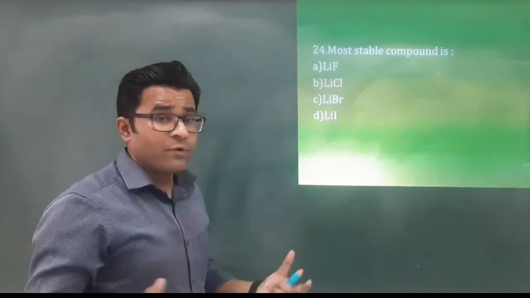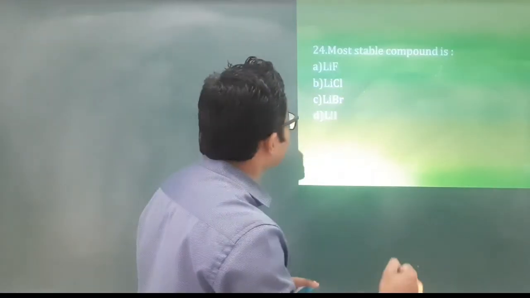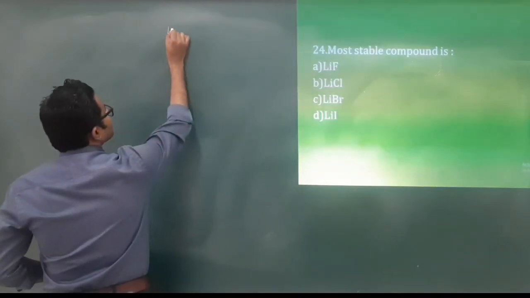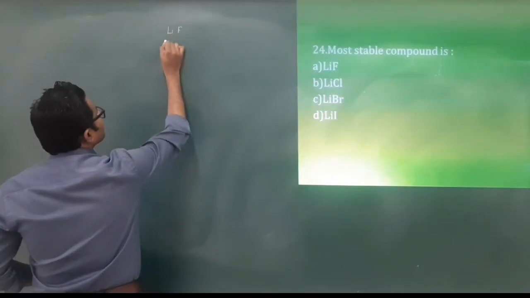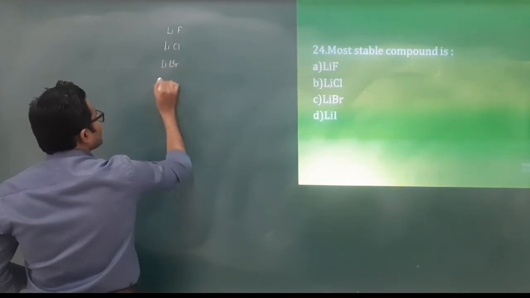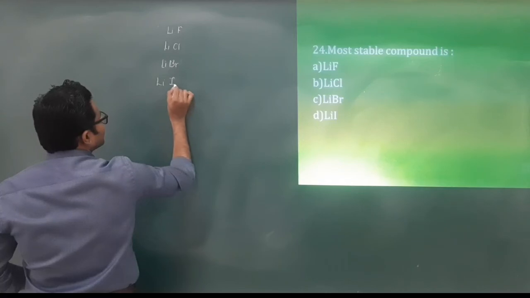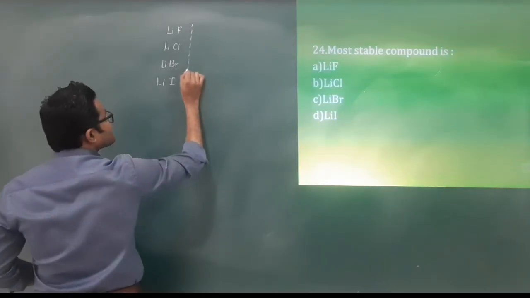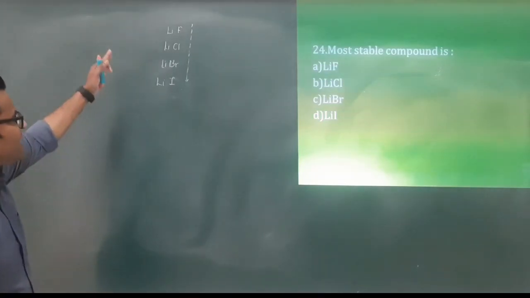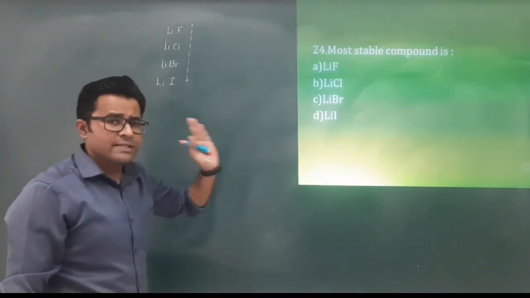To question number 24, and that is the most stable compound. Let's observe here, as they have given us lithium fluoride, lithium chloride, lithium bromide, and finally lithium iodide. As we go down this group, the size of halogen is increasing. We have lithium on one side, what changes is the halogen.